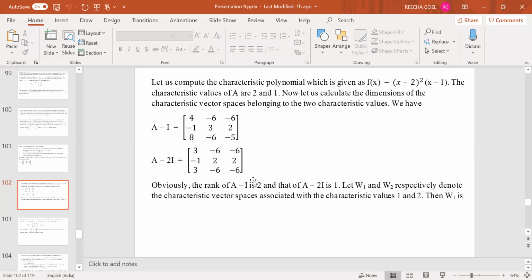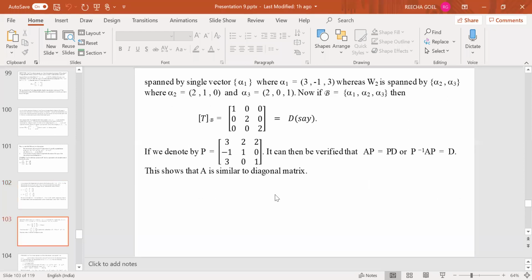Now let me suppose W1 and W2 denote the characteristic vector spaces associated with eigenvalues 1 and 2. W1 is generated by the vector belonging to the eigenvalue 1, which I have just calculated: the vector 3, minus 1, 3.